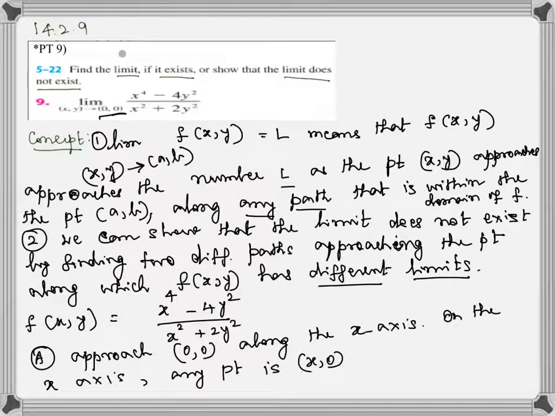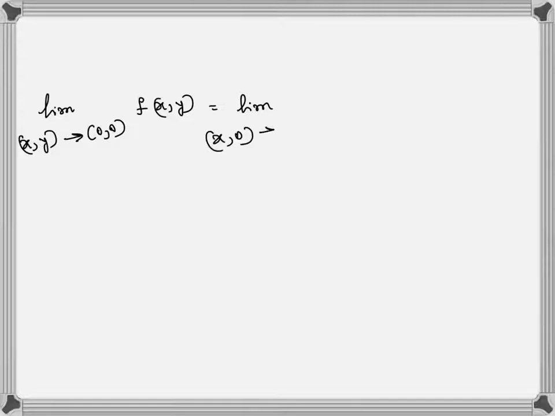So the limit as (x, y) approaches (0, 0) along the x-axis means the limit as (x, 0) approaches (0, 0), because y is 0 along the x-axis.